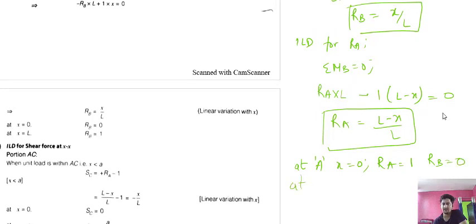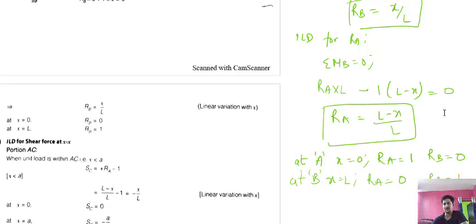And when it reaches point B, x will be equal to L, and then RA will be L minus L, which is 0, and RB will be x upon L, so L upon L, which means 1. So now by applying the boundary conditions, you have got the values of RA and RB.